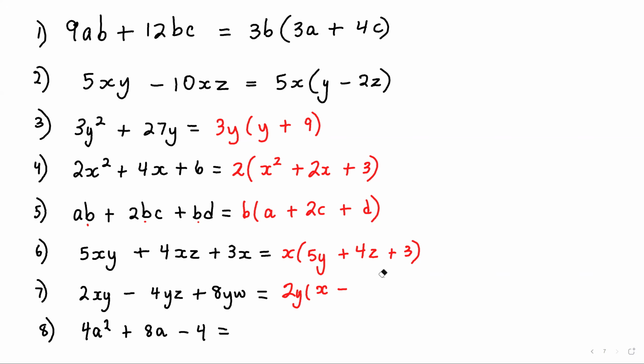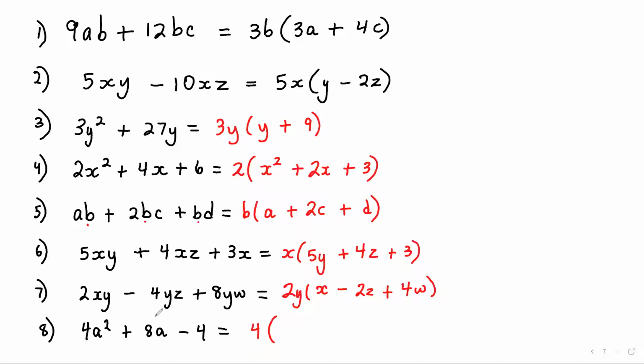So it's 2y times x will give me 2xy. 2y times 2z gives me 4yz. And then 2y times 4w will give me 8wy, or 8yw, right?